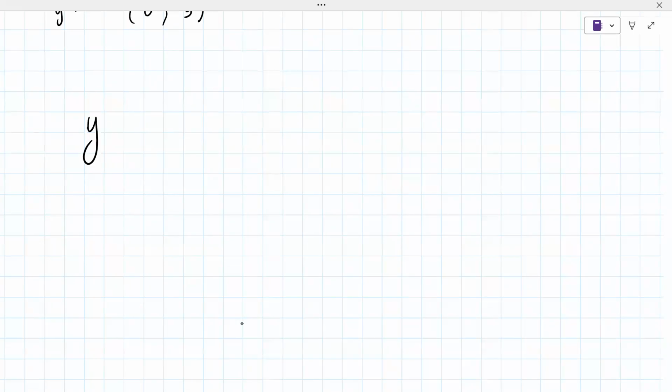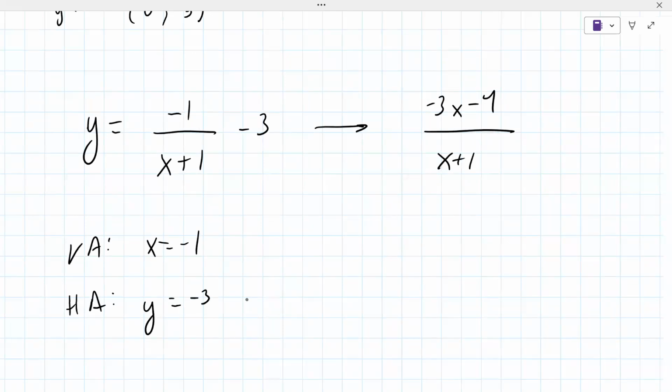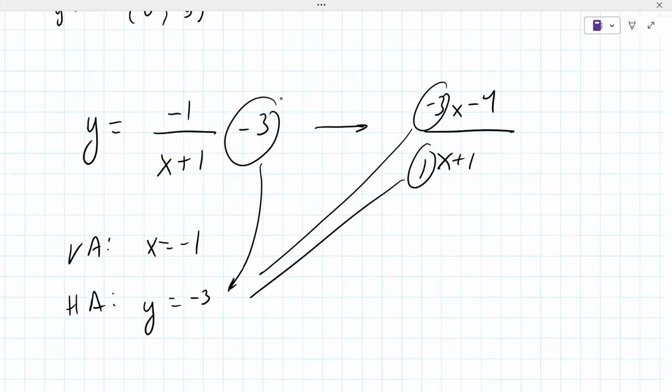The only thing I think could be unclear is that we started out with a problem like this, and it transforms into the following, like this. And certain things like the vertical asymptote are the same. It's still x equals -1. The horizontal asymptote is y equals -3. But like you said, you can get it from this, or you can get it from the ratio of the leading coefficients.